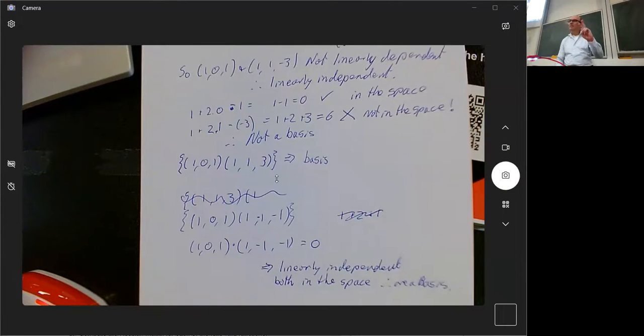There's two vectors. They're linearly independent, and they're both in the space. They will form a basis.